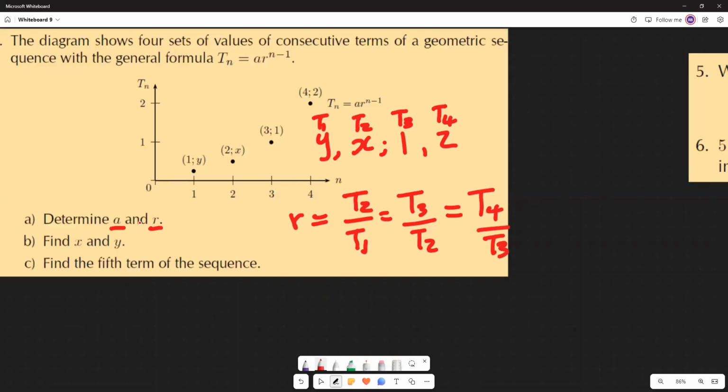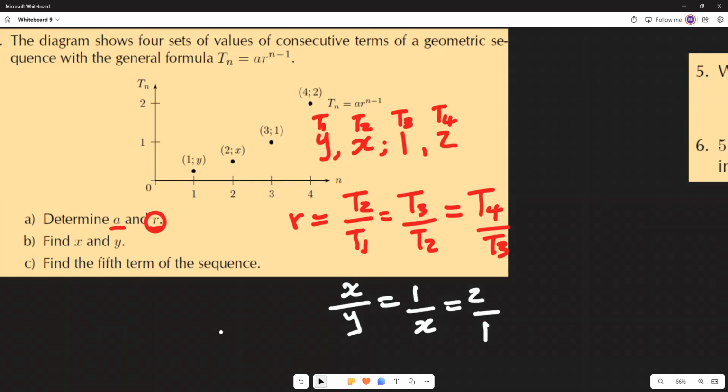That is your constant ratio, the R. So now we can substitute. Term 2 is x, term 1 is y, term 3 is 1, term 2 is x, equals term 4 is 2 over term 3 is 1.